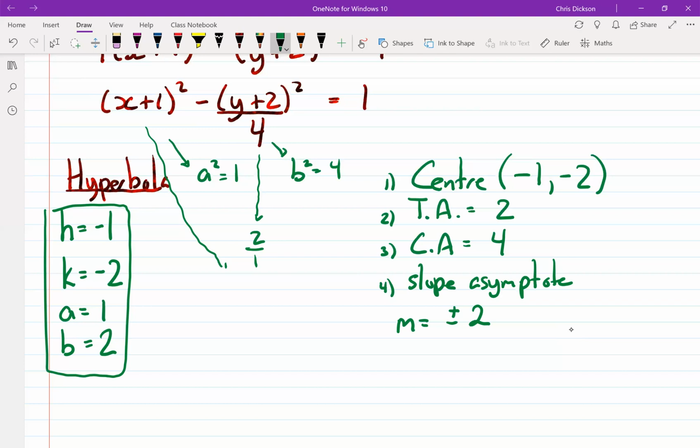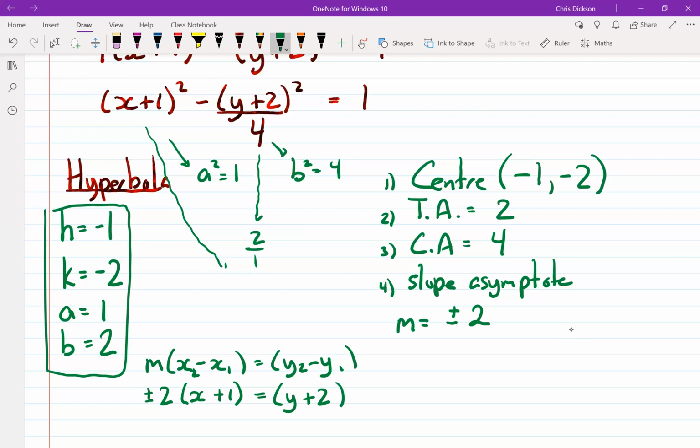Okay, so let's take a look at our formula. Slope times x2 minus x1 is equal to y2 minus y1. So I'm going to put the m in the front. Let's put m in the front. So my slope is plus or minus 2, times (x plus 1), that's where the center is, equals y plus 2.